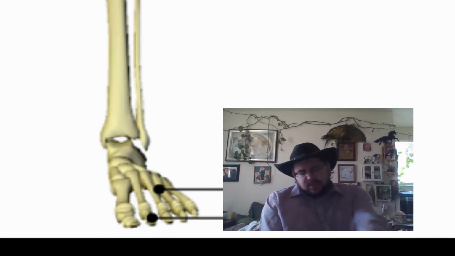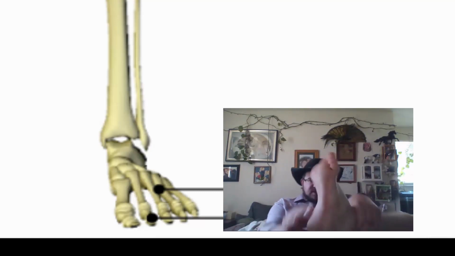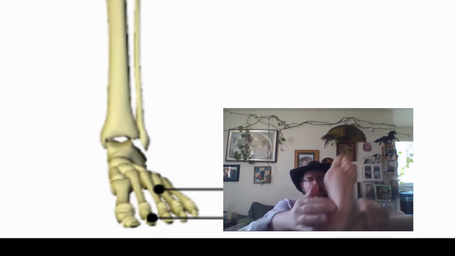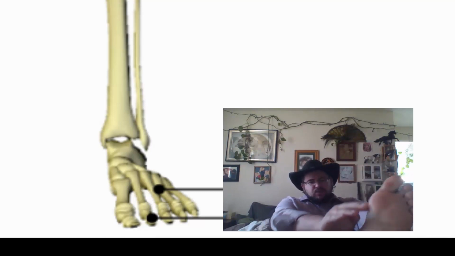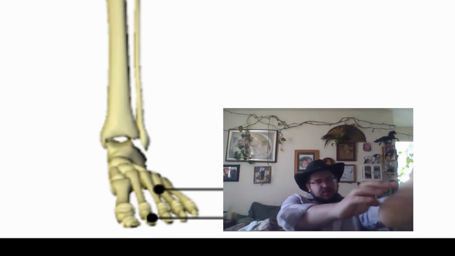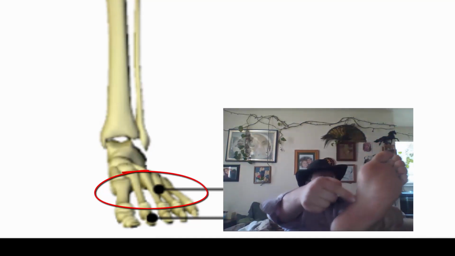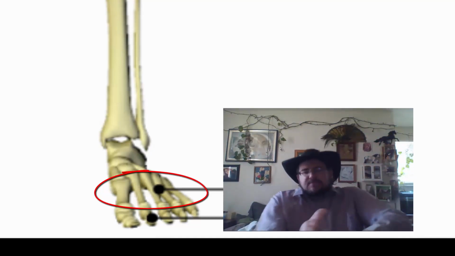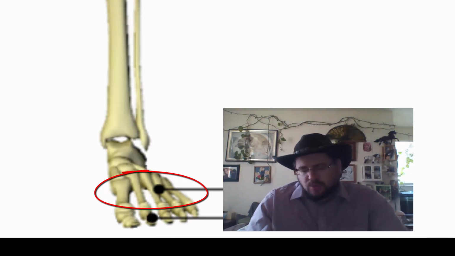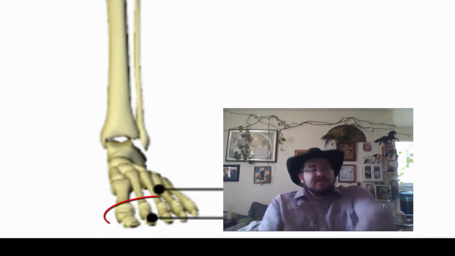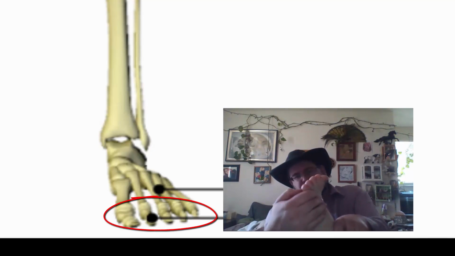So then we get to this part of your foot here. Just like with your palm, in this part is one long bone, runs from about here to here, and that's the metatarsal. You have one for each toe, metatarsals. And then finally you have phalanges, so your little bitty toesies.